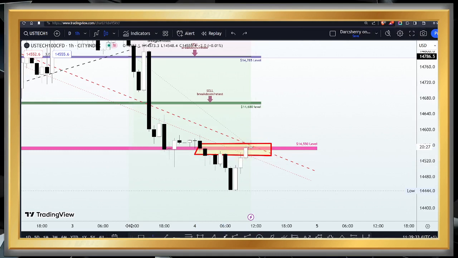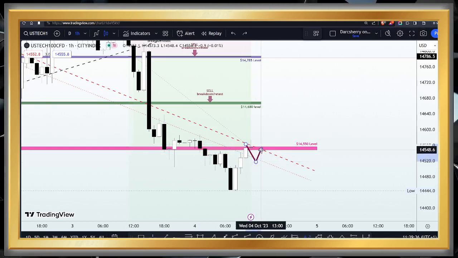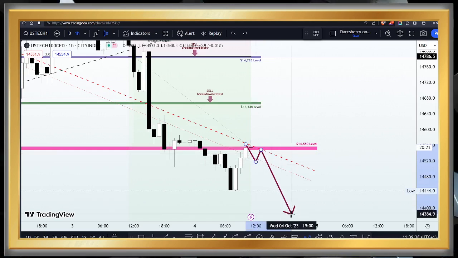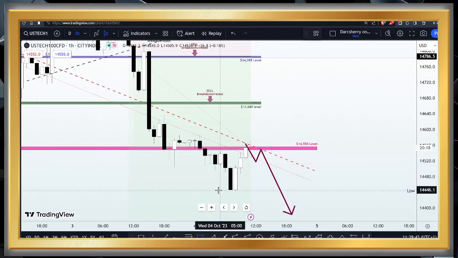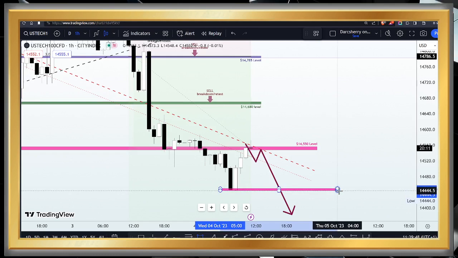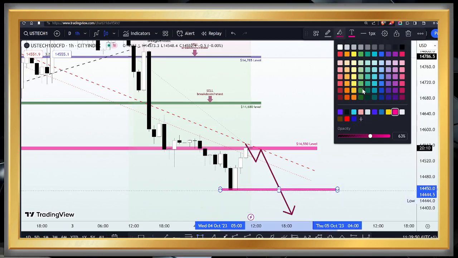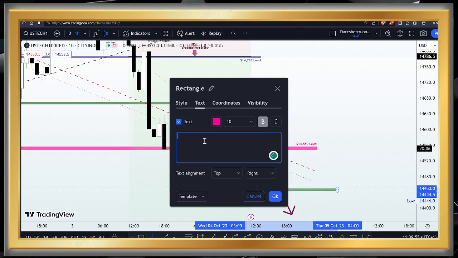Now, if the sell pressure continues below the structure, we will feel comfortable selling right below this area, where a further breakdown of this level here has the 14,450. So we do want to be marking out this level too, as we will be needing it as a reference point to add more sell positions.